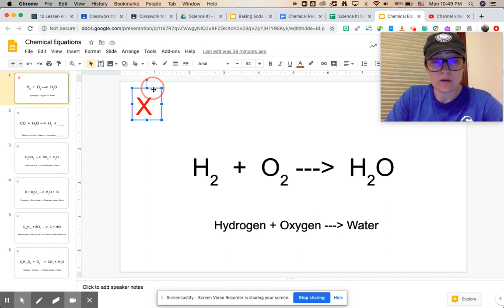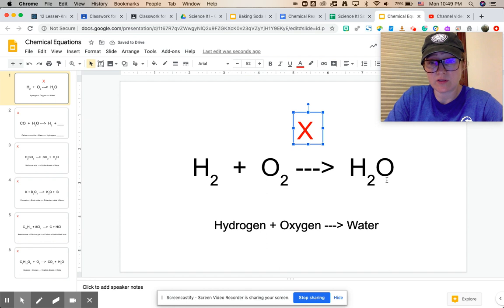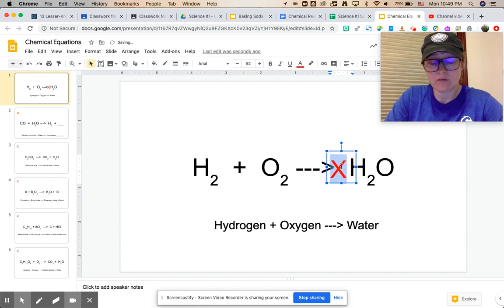So what we're going to do here is look at what's missing. Here we have two oxygens, but here there's only one oxygen. So I can put a number in front of here, like 2.